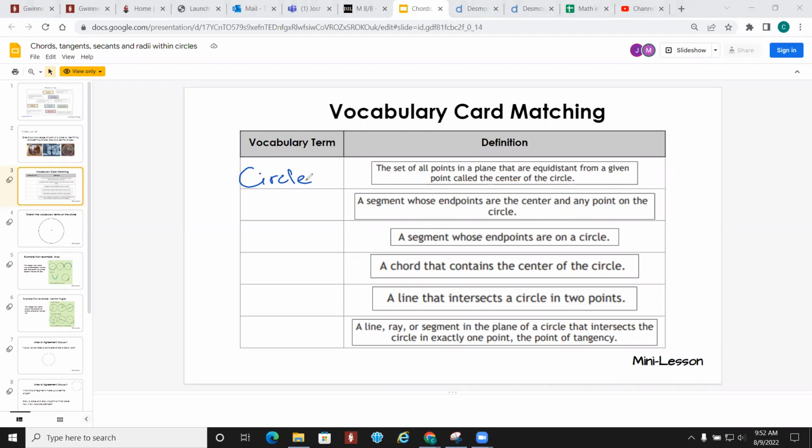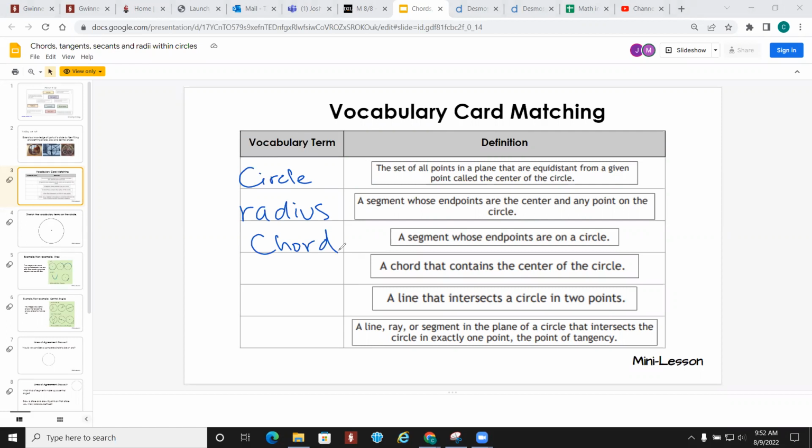Okay, and y'all already told me a segment whose endpoints are the center and any point on the circle. You already know what this is. That's a radius. A segment whose endpoints are on a circle. That's a chord.